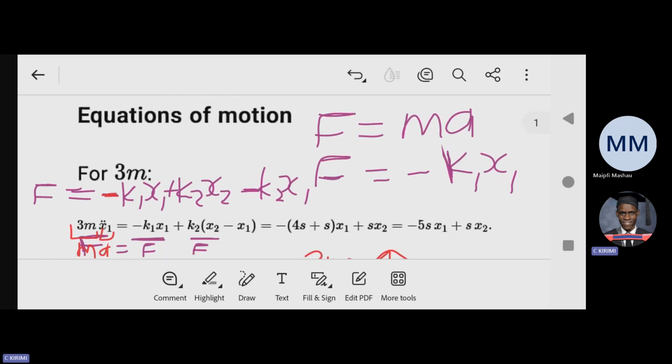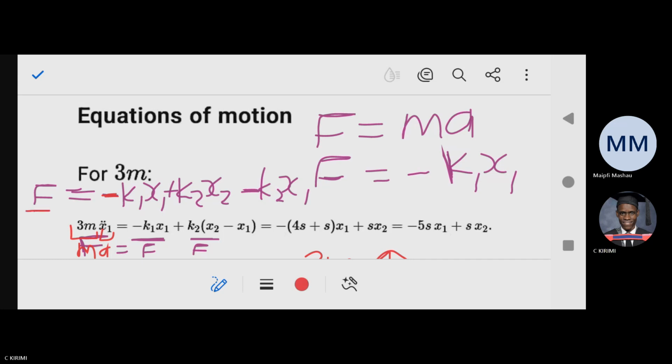Where we have our F here, we replace it with what? We say F, mass times acceleration, is a force. The mass for that first block is 3m. Then what was the acceleration?